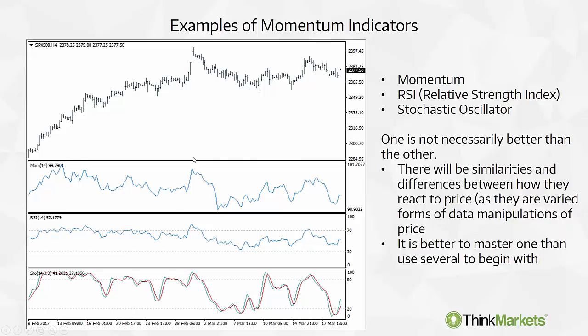But I think we can agree that whether it's momentum, RSI or stochastics, yes, there are differences between them, but if you were to overlay them with each other, a lot of the time they're showing very similar things. One might be faster than the other, but they're trying to show either overbought or oversold. And really, a lot of the time you're asking: if price is going up, is momentum following it or not?